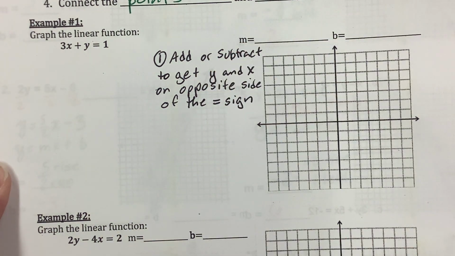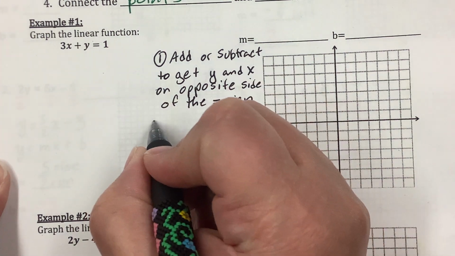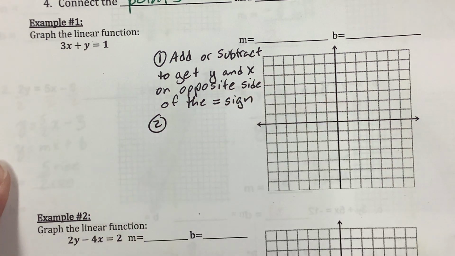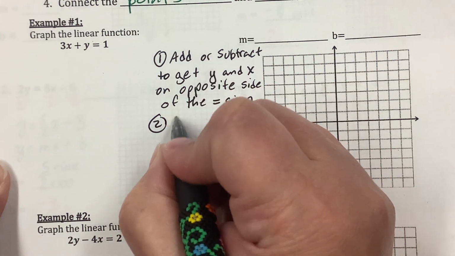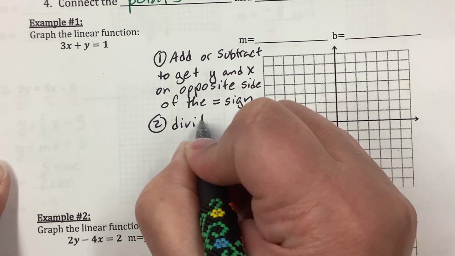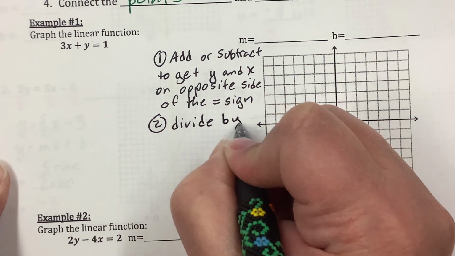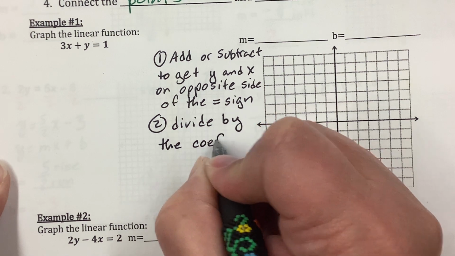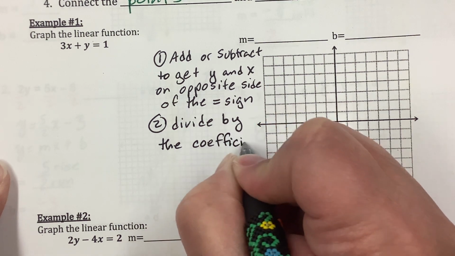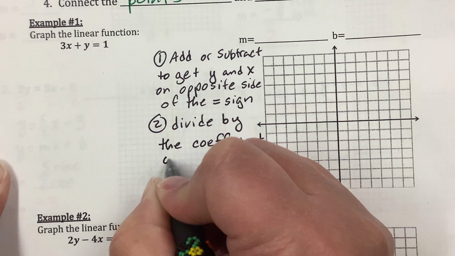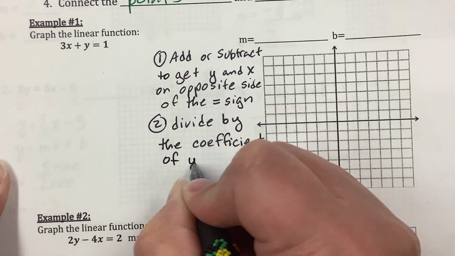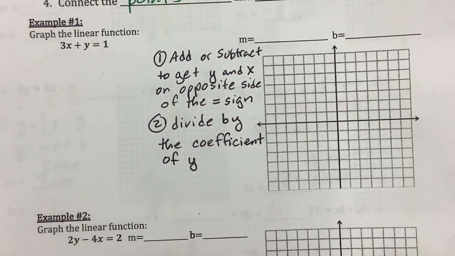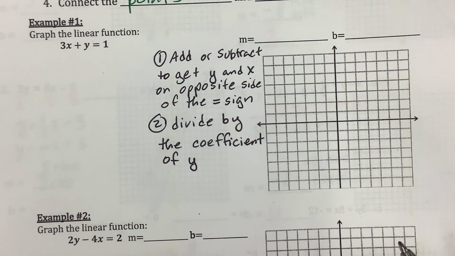And then what's the second step? Divide by the coefficient of y if you need to. Sometimes you don't need to do all the steps. Sometimes you do. So the second thing is divide by the coefficient of y. And that's just the number that's next to the letter. Coefficient is the number next to the letter.